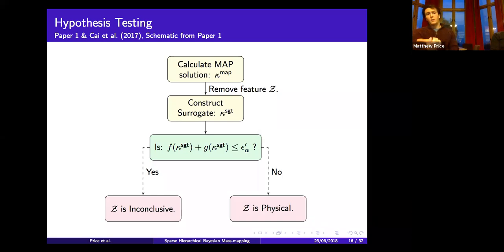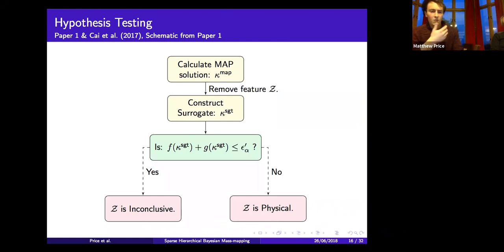One way, which is the way that was presented in paper 1, along with in the radio interferometry setting by Cai et al. in 2017, is the idea of hypothesis testing. It's not a particularly new idea, but it's a new application of this idea.